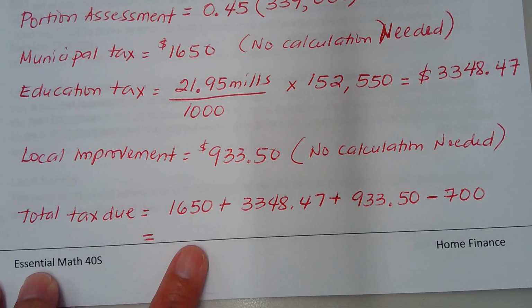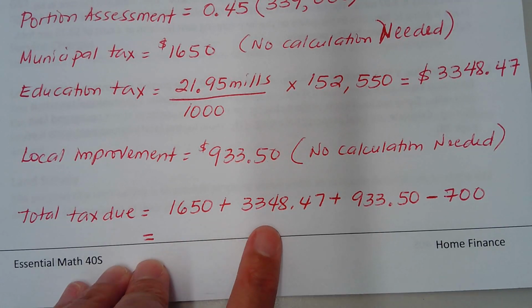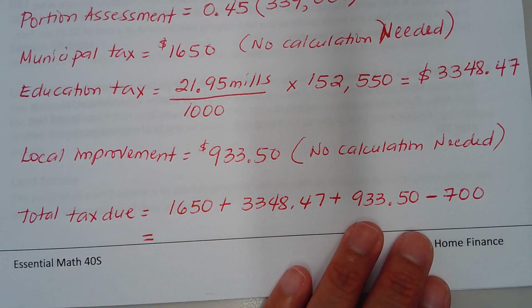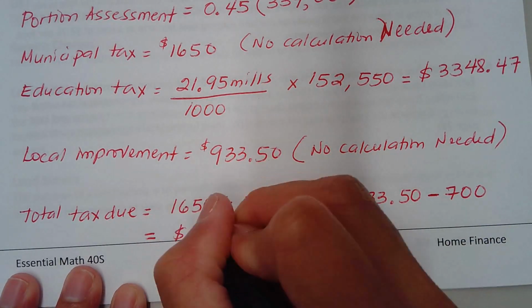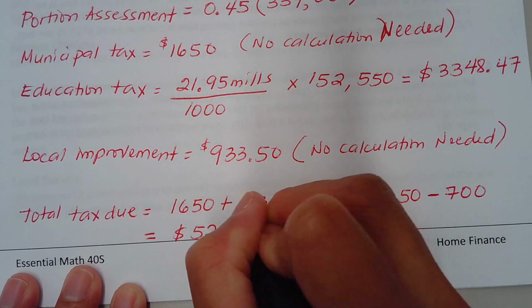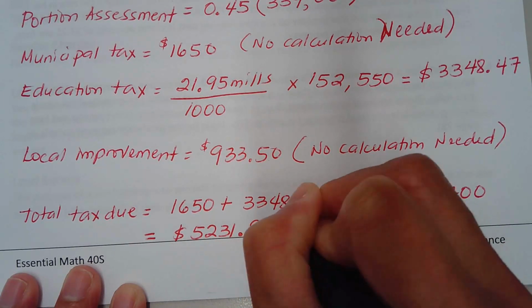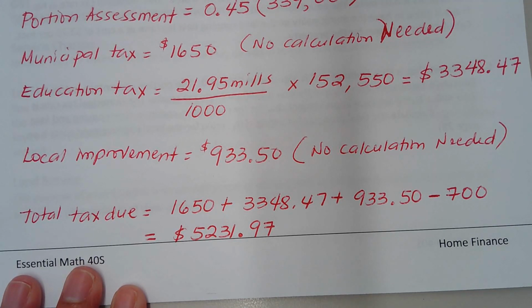Okay, good. 1650. So my grand total is $5,231.97.